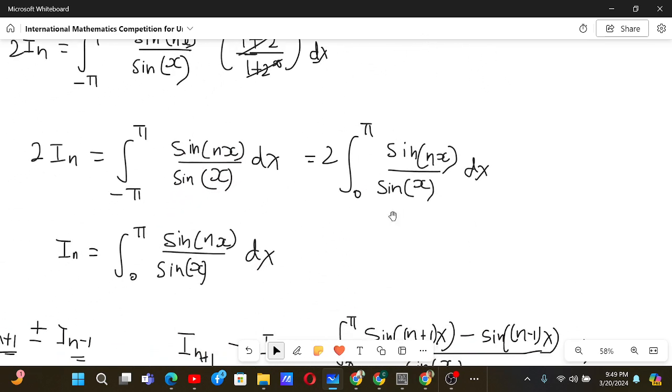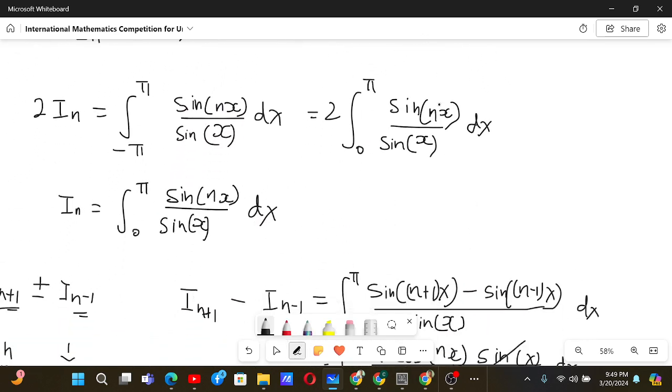Now over here, I of 0 will be the integral from 0 to pi of sine of 0x, which is 0, by sine x dx. And we know that this is just 0. And I of 1 is equal to the integral from 0 to pi of sine x by sine x, which is just 1, dx, and this is just pi. So I of 0 is 0 and I of 1 is pi.